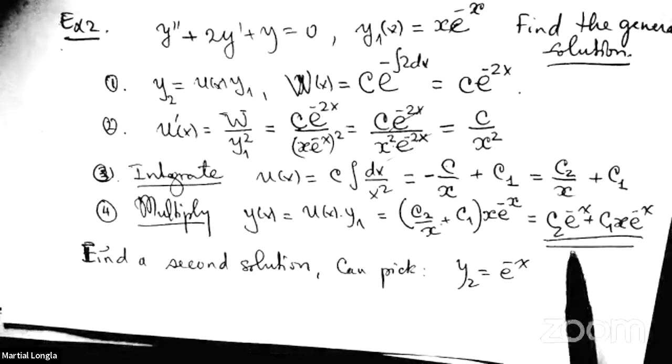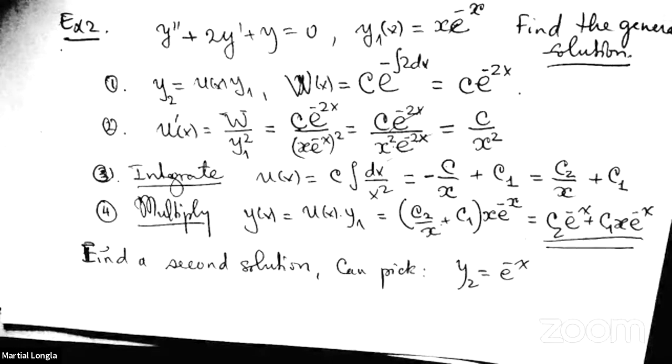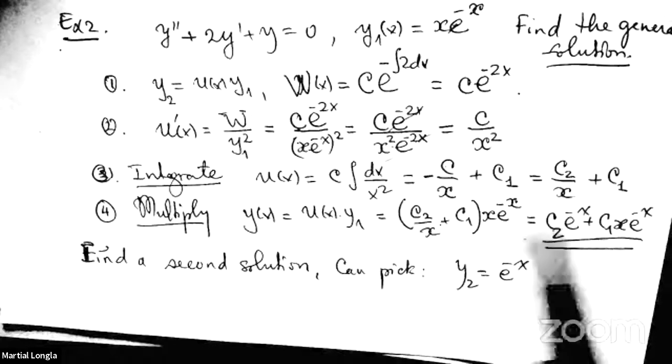Just take any values of C1 and C2 and put in there, and whatever you find is a second solution. This is C2 is 1, C1 is 0. You pick any two different values of C1 and C2, you plug in there, you got a new solution. Are we good?